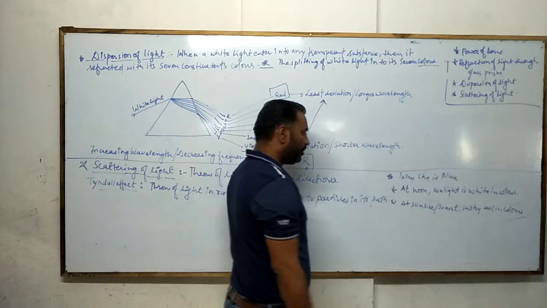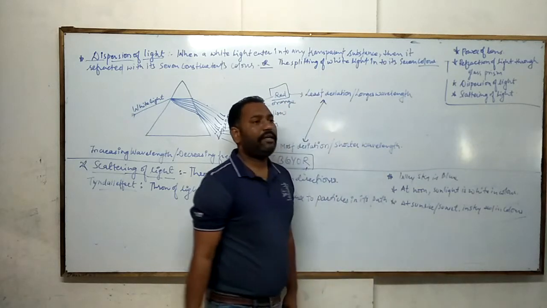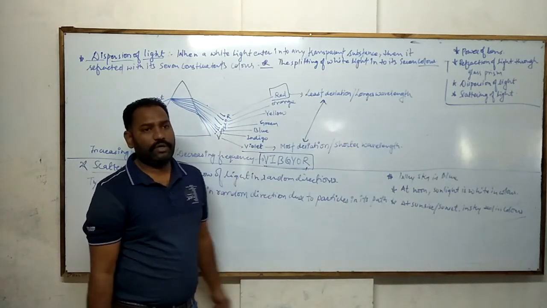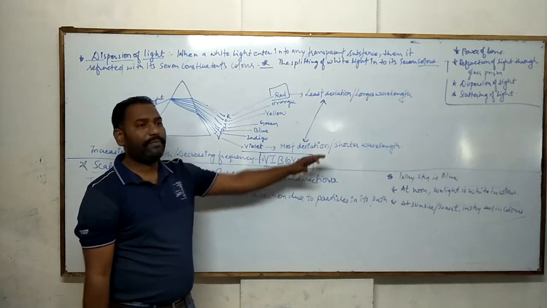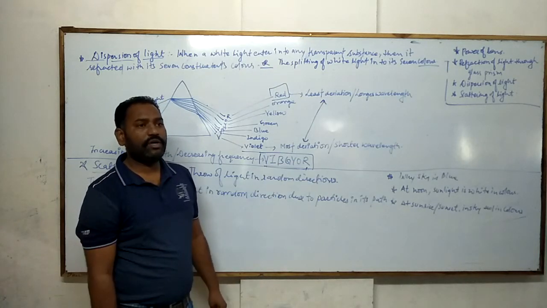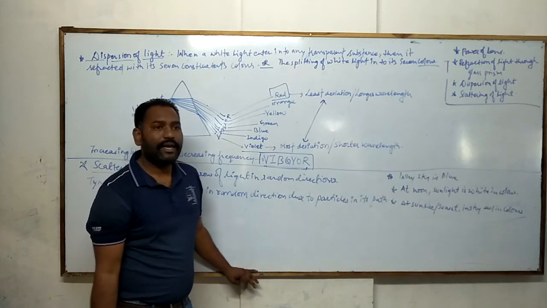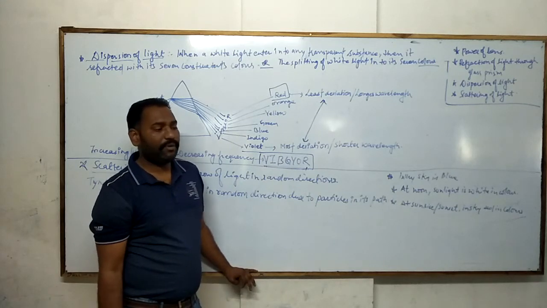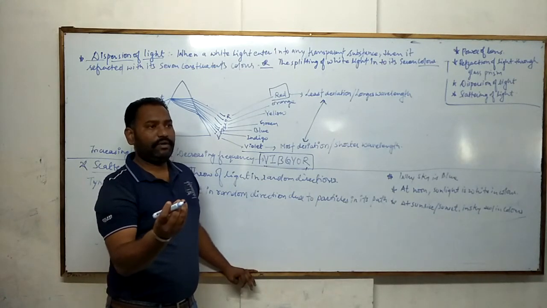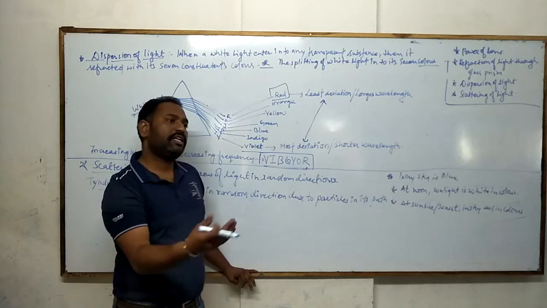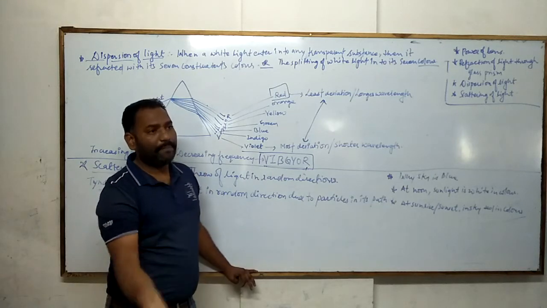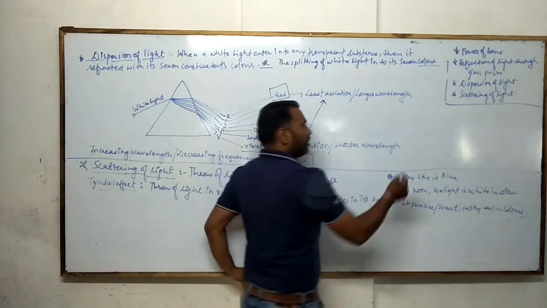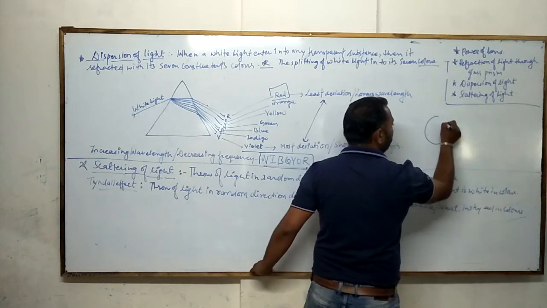Because many millions of drops in the clear sky act as tiny prisms, and refraction, dispersion and reflection can happen in the tiny drops. So I can draw one diagram of these tiny drops.